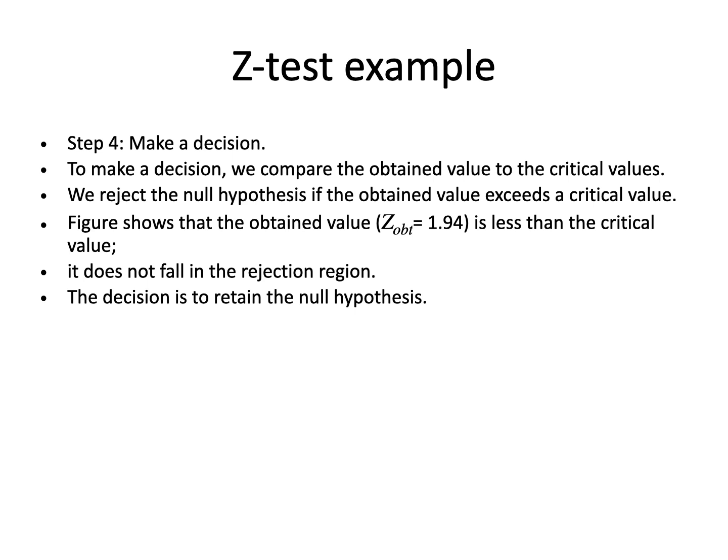If we compare this with the figure, the z obtained is 1.94, which is less than the critical value, so it does not fall in the rejection region, and we will retain the null hypothesis.